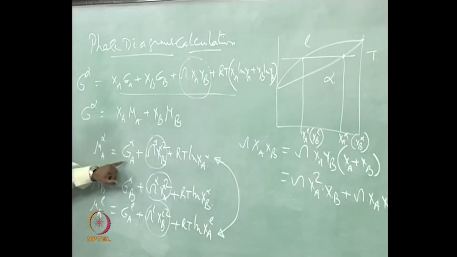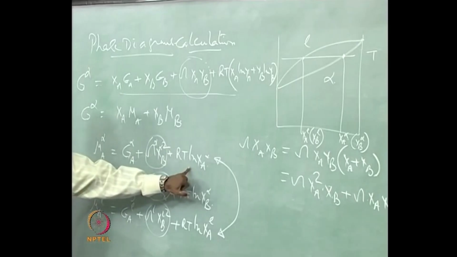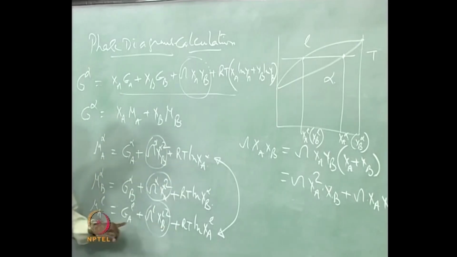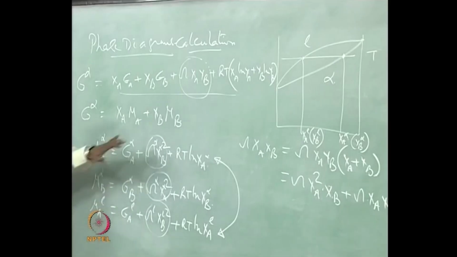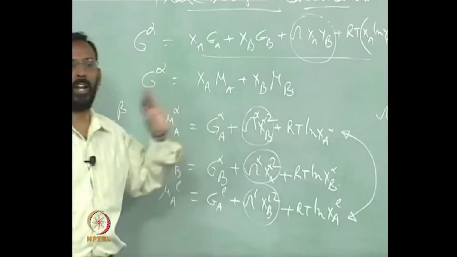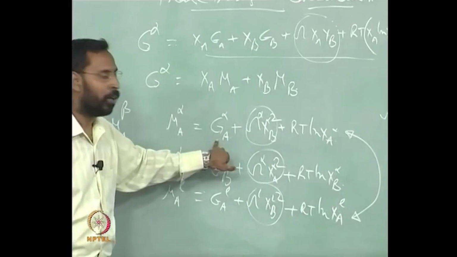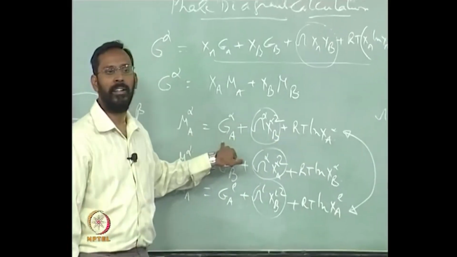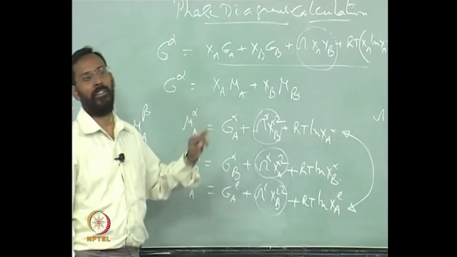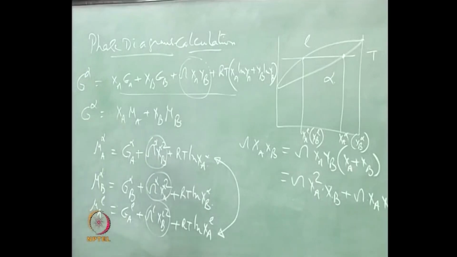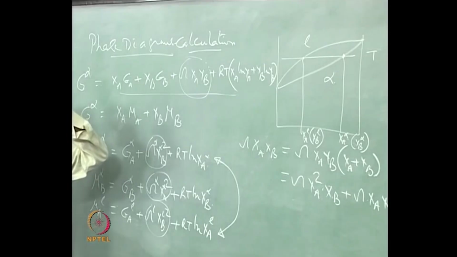Then simply it will be Ga alpha plus RT ln XA, Gb alpha, Ga liquid plus RT ln XA liquid, that is it. So this whole term will not be there, and what I need to know is only temperature and the pure metal free energies at that temperature. That means what is Ga alpha at temperature T, what is Ga liquid at temperature T.